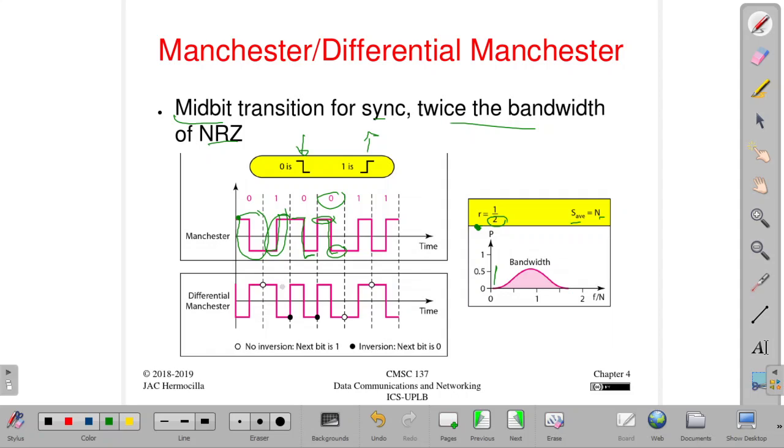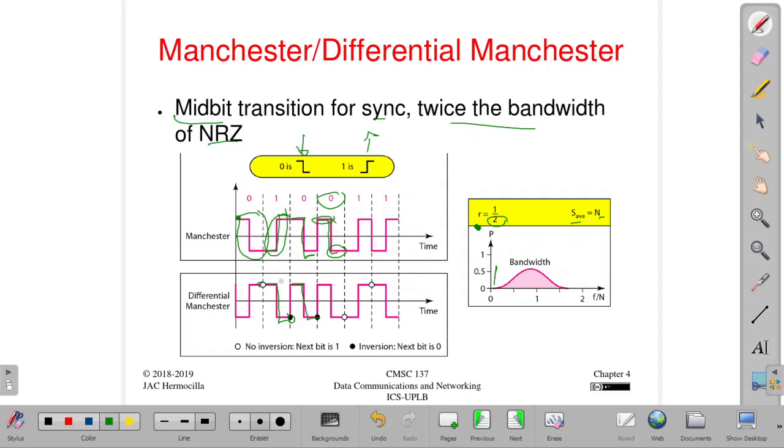For the differential Manchester, 0 is represented, this is similar to the NRZI. So no inversion, next bit is 1. If there is an inversion, next bit is 0. So here we have no inversion, so the next bit is 1. And then we have an inversion here, so the next bit is 0.